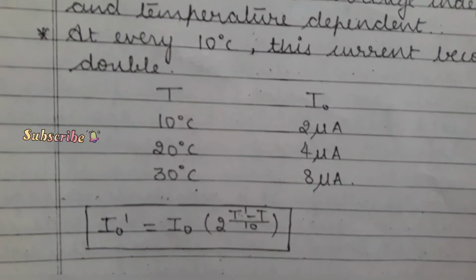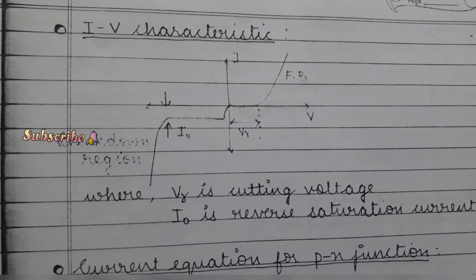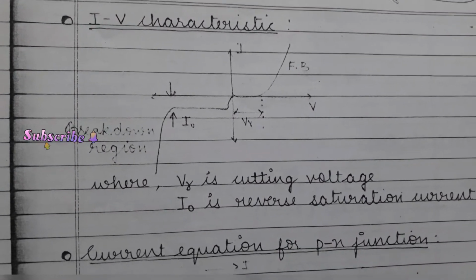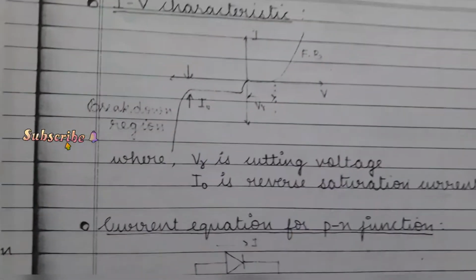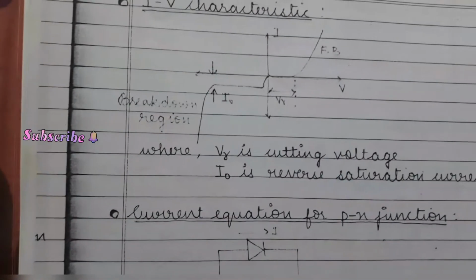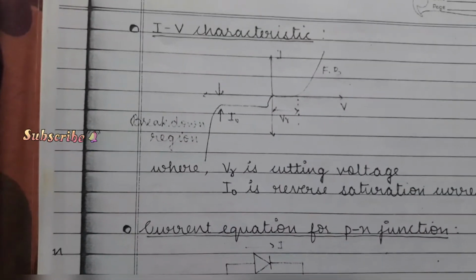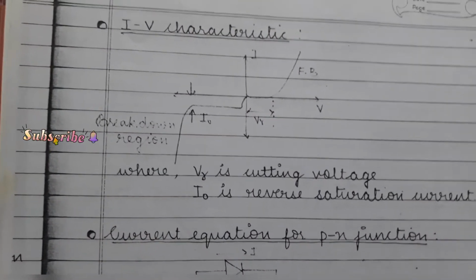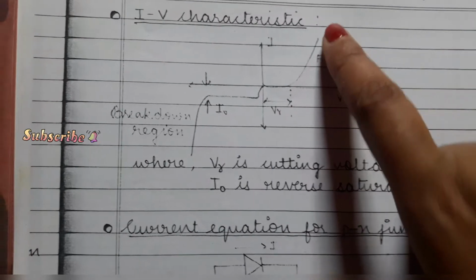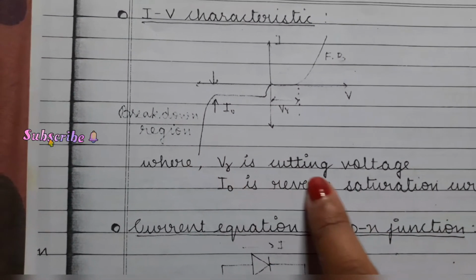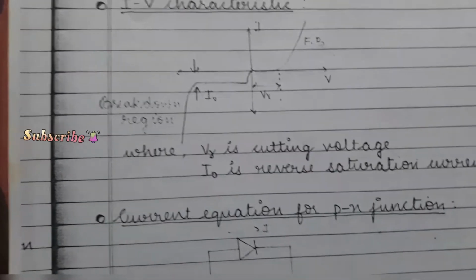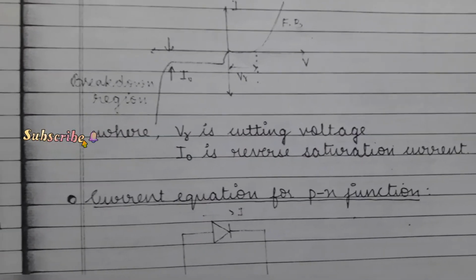This is the VI characteristics. In the above figure, this is the forward direction and this is the breakdown region. VR is the cutting voltage and I naught is the saturation current.